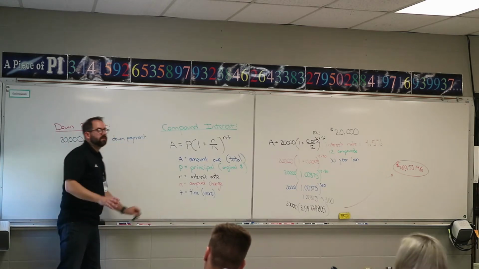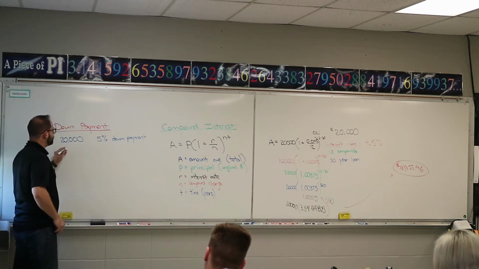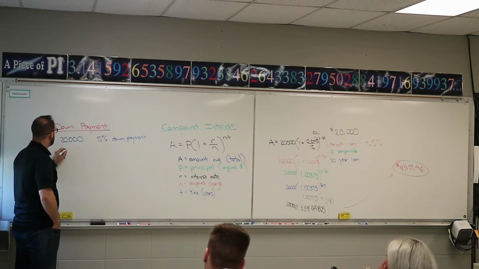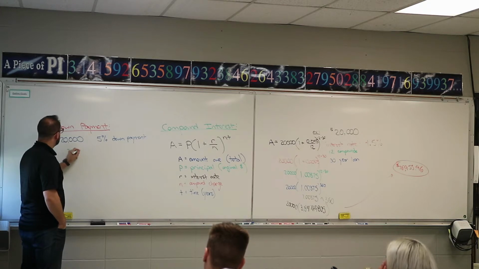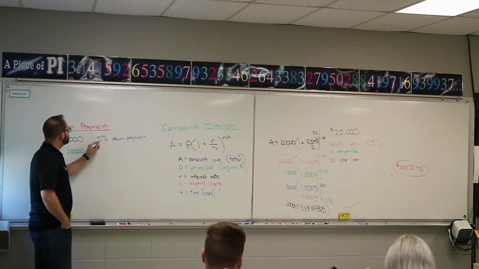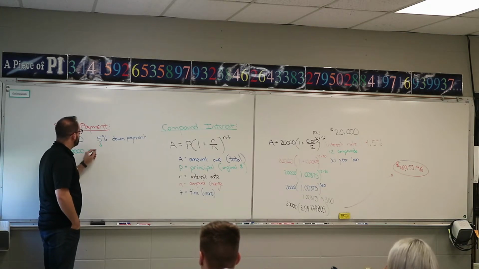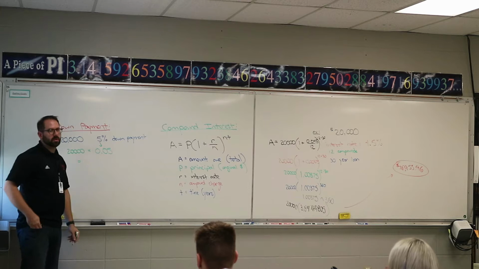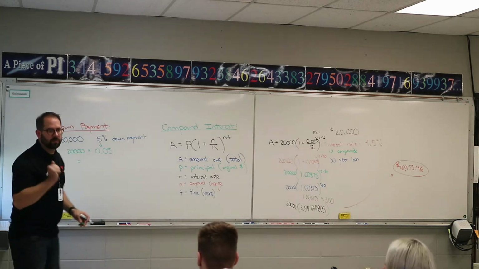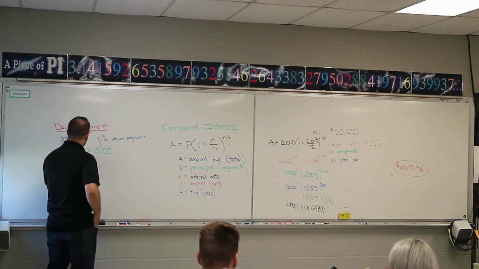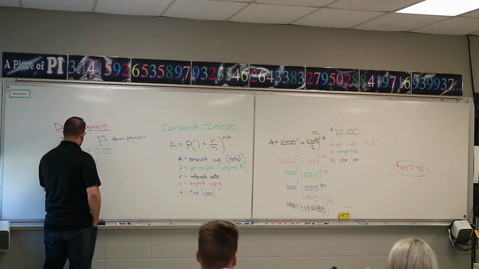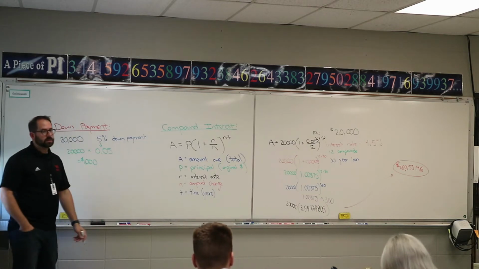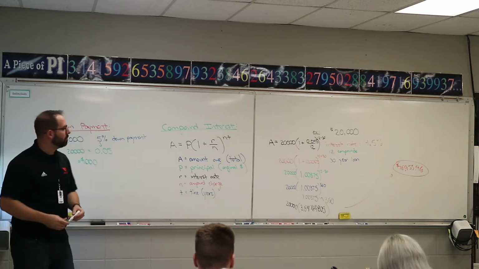So the trick is, I want to know what 5% is. So 20,000 times, now what is 5% as a decimal? 0.05. Yeah. And when you multiply these together, this is the down payment you're going to put on your home. Say it again. $1,000, okay? On a simple down payment.